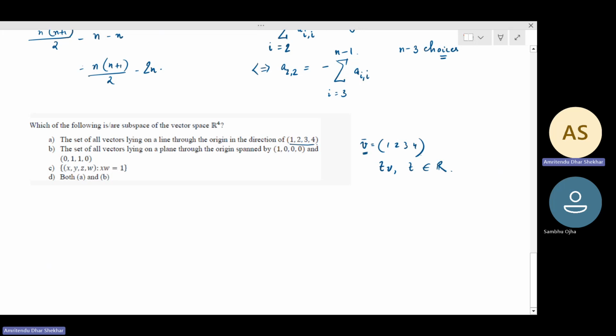So clearly this is a subspace of R4. The next is we are looking at the set of all vectors which is spanned by two vectors. So the set of all vectors spanned by two vectors would be given by some t1 times v1 plus t2 times v2. Clearly this is also a subspace. Okay. So A and B are both correct.